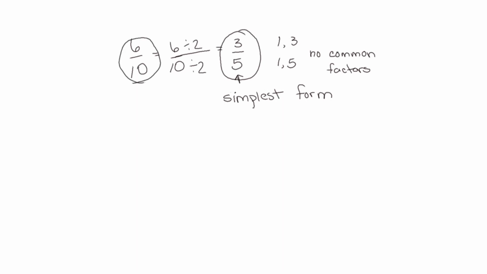But 6/10ths and 3/5 are both equivalent fractions. And we call this process of getting simplest form simplifying. So we're simplifying the fraction 6/10ths into 3/5 by dividing by 2.